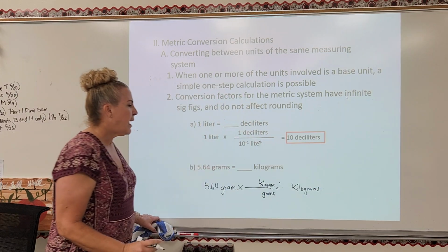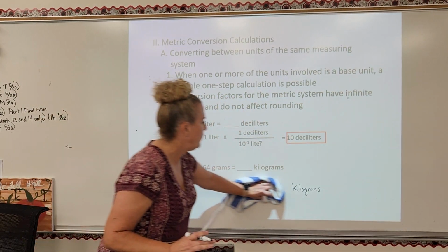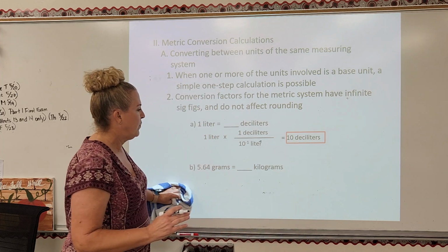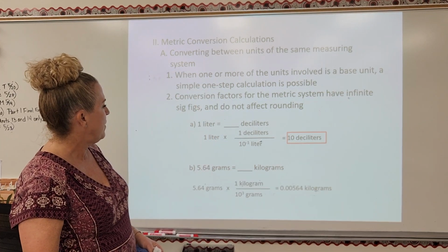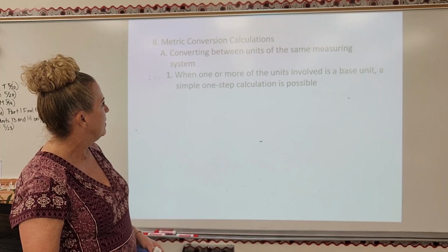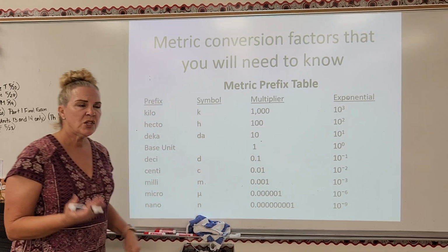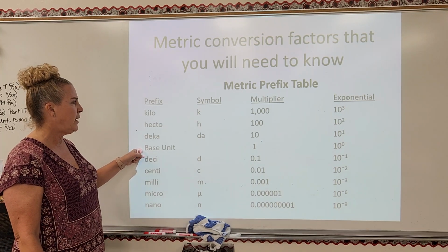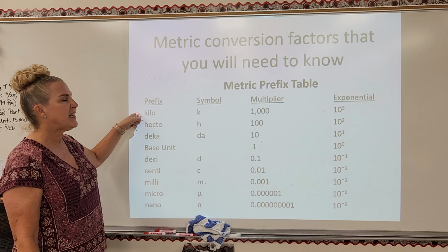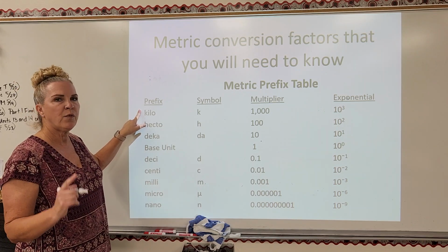All right, now we can look back at our metric chart. Okay, so we need a relationship between grams and kilograms. Well, grams is a base unit, so we can come up here to kilo. And remember, we always put the number 1 in front of the prefix.